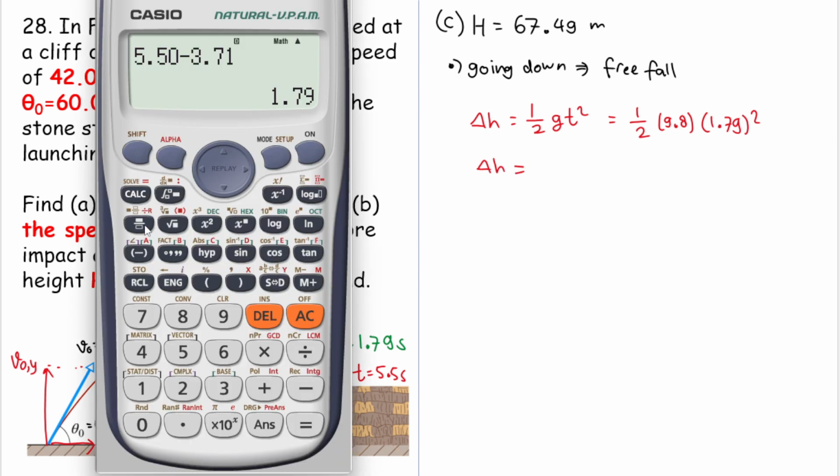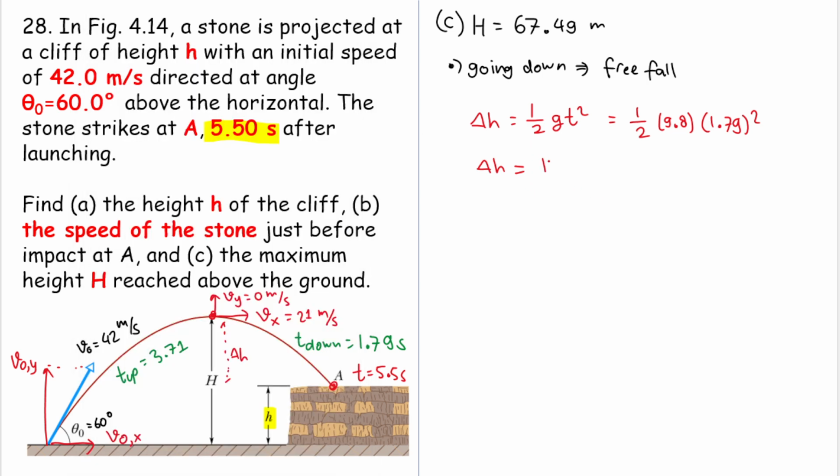Let's plug that into the calculator: 1/2 multiplied by 9.8 multiplied by 1.79 squared. I'll have 15.7, and the unit here will be meters.